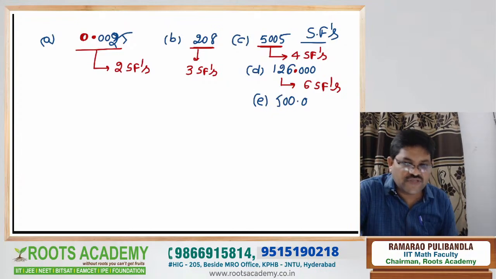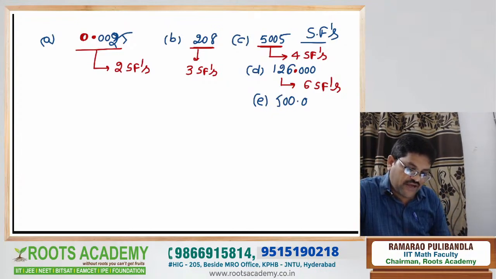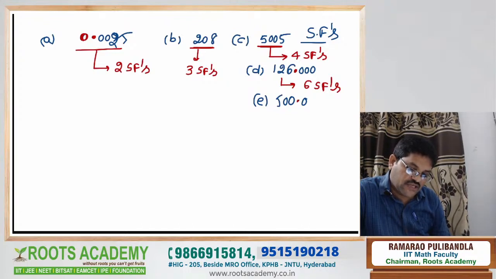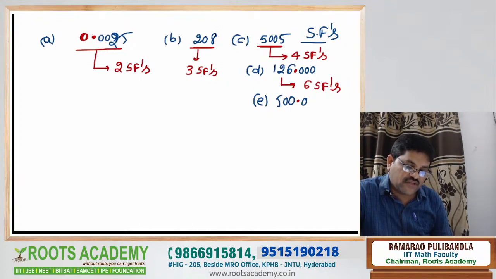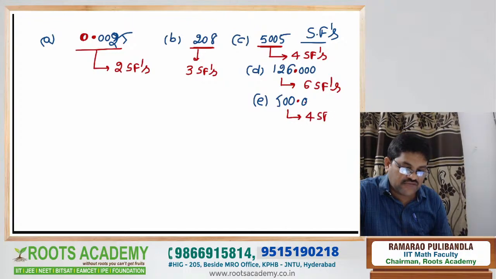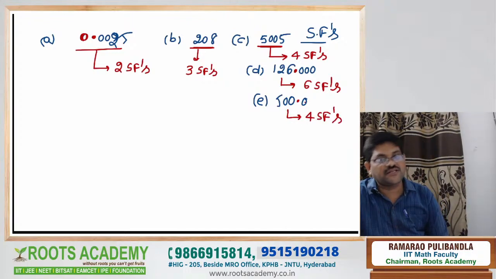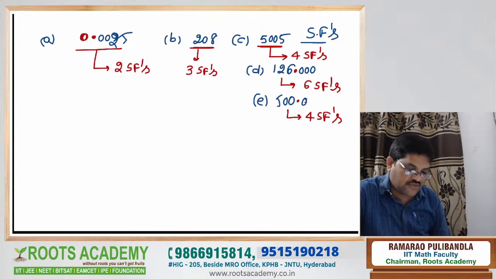Simple logic, no confusion. And coming to 500.0, before the decimal point 500 is a non-zero integer, so after the decimal point the 0 is also significant. That's why there are 4 significant figures. That's the simple logic.